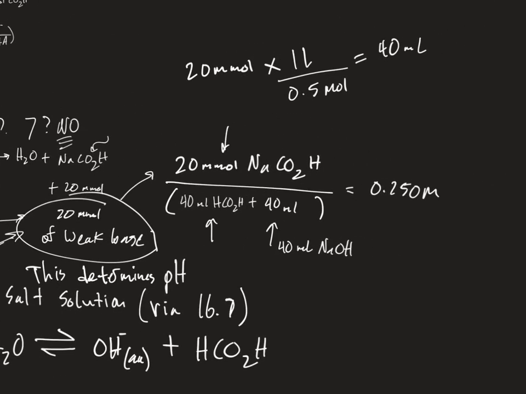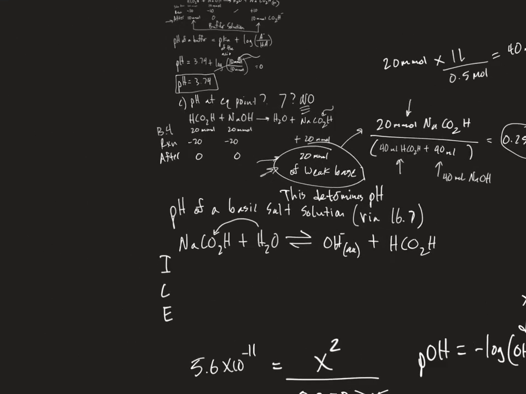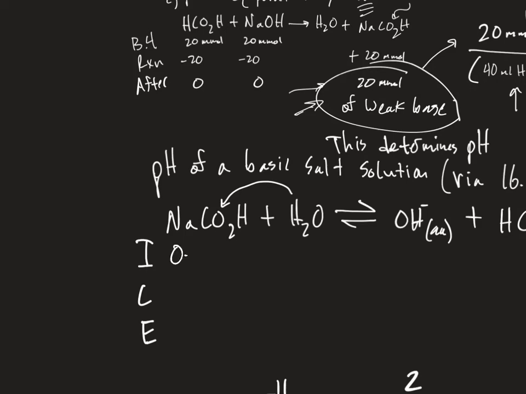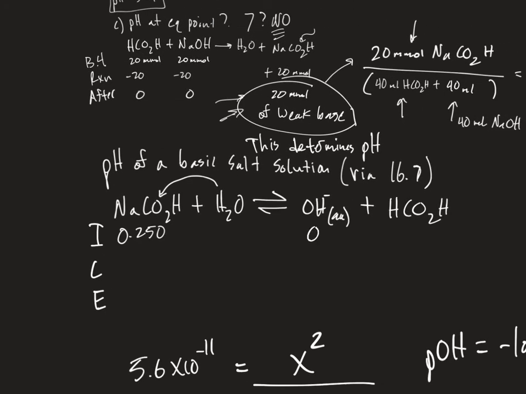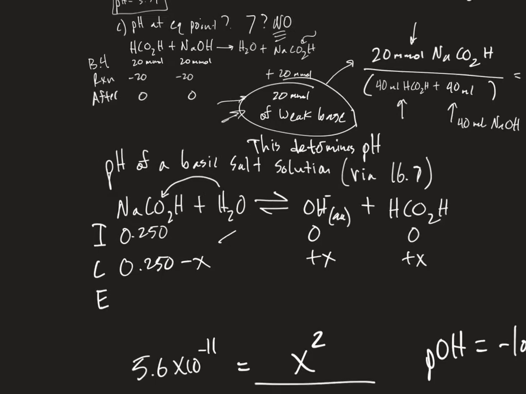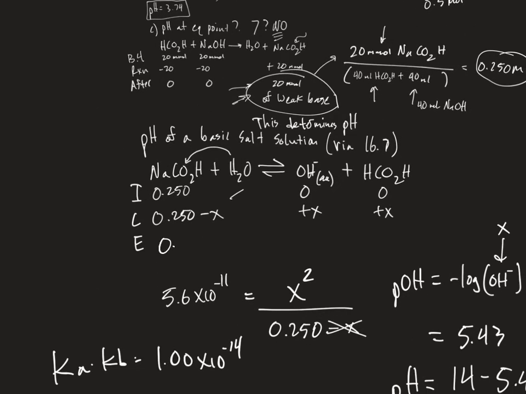So our total solution volume was 80 milliliters, and this is the new molarity. This is our initial molarity of this right here. And we'll say we start with none of this, none of this. Minus x, plus x, plus x, 0.250 minus x at equilibrium.